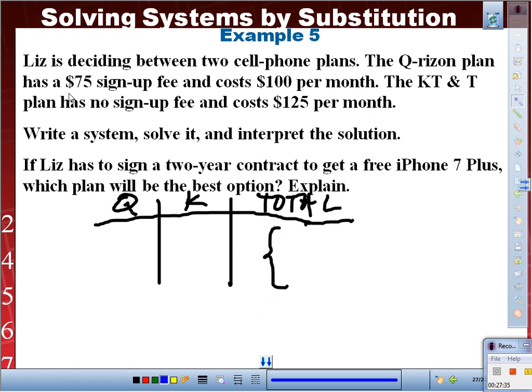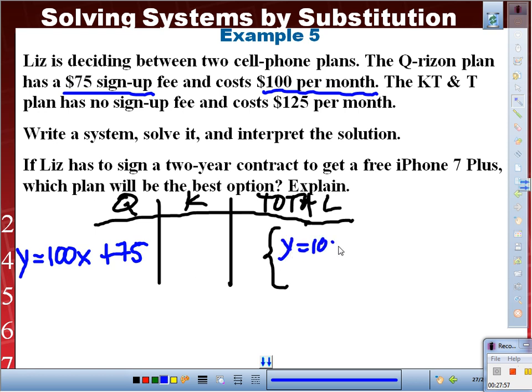How much do they charge from the get-go? So it's plus 75. How much do they charge a month? But since we don't know how many months, what would I write? 100x. But now, since we are in 2 variable equations, this is equal to y. So that's my first equation. y equals 100x plus 75.